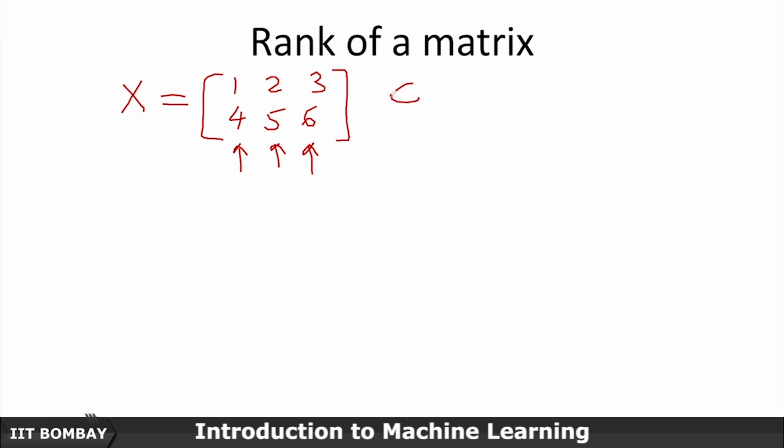So, although this belongs to R to the power 2 by 3, the maximum rank that this matrix can have is less than or equal to 2. So, basically your rank of matrix X is less than or equal to the minimum of n and m.